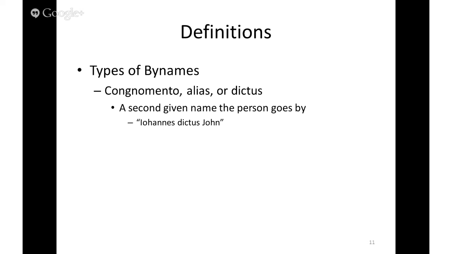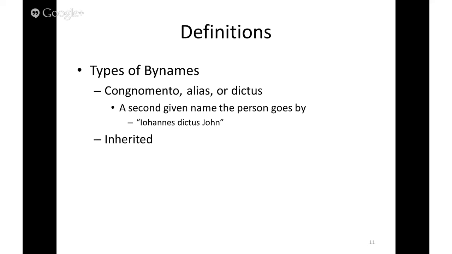The person's name may be recorded in Latin as Johannes, but he's called John. So a court record or church record might well record it like that: Johannes dictus John, Johannes called John. What that really is, is the Latin and the vernacular. Not always. Sometimes it's just a nickname.